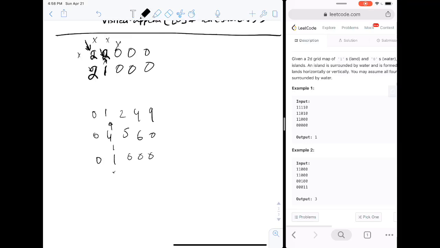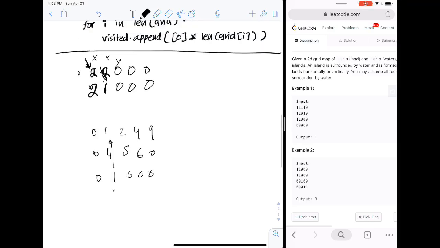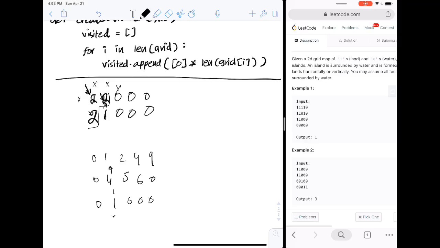So at each point, how many of these tiles can I see? Not necessarily number of islands per se, but more like number of tiles in islands, which is not that different. The underlying idea is the same.